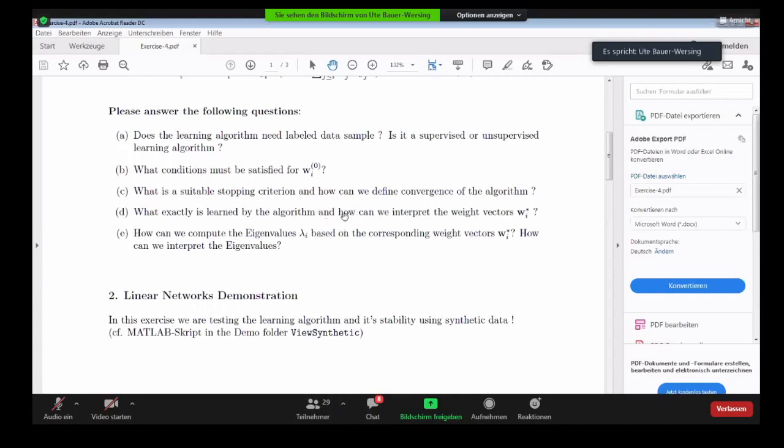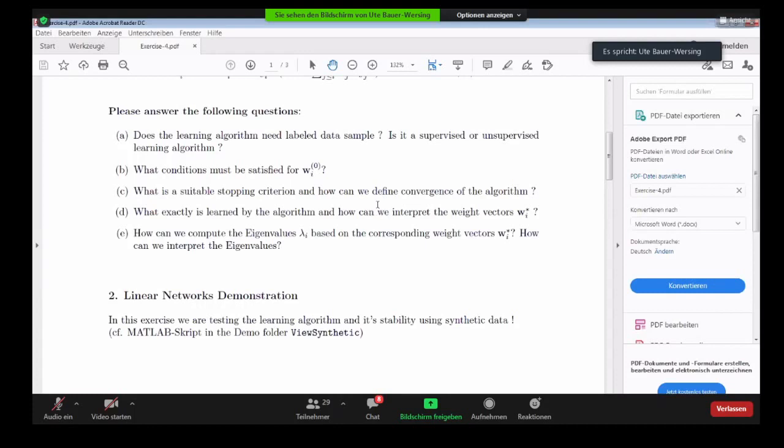The next question is, what do we learn using this learning rule? We've analyzed that, and what we came up with is that we are learning the principal components of the data distribution. That means the directions of space in which the data cloud scatters most, second most, and so on.